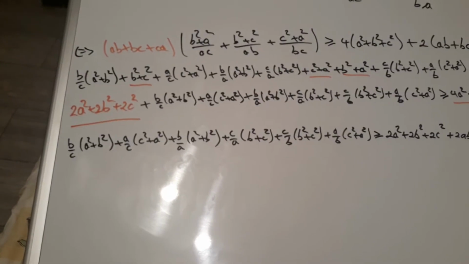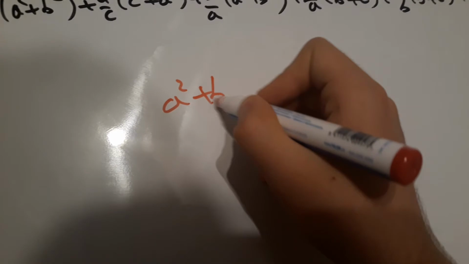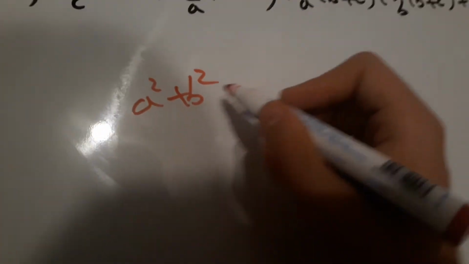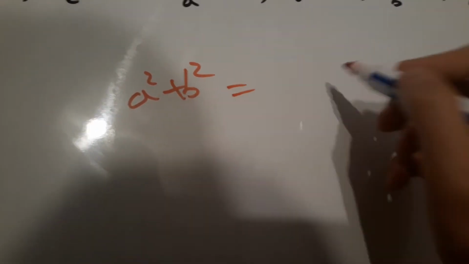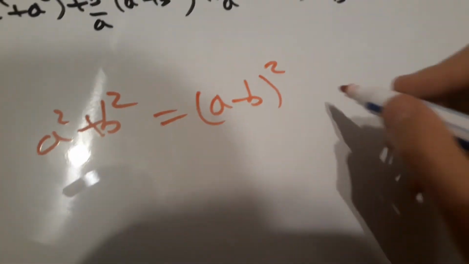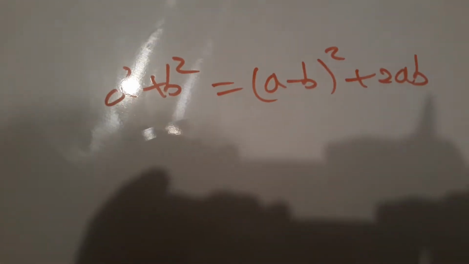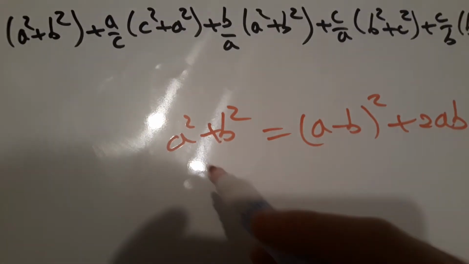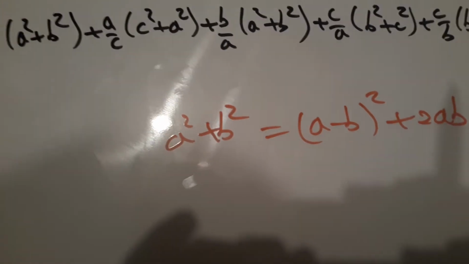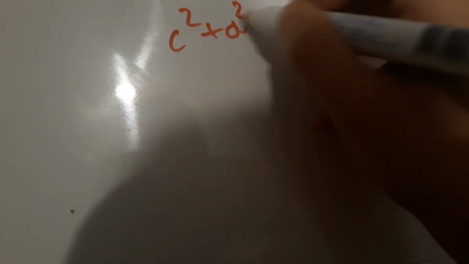Next I have an observation. Let's take for example a squared plus b squared, sum of two squares. This sum can be written like (a minus b) all squared, but with plus 2ab. You can try this. This is true for all a, b real numbers greater than 0, as we have here. This is also true when we have c squared plus a squared.